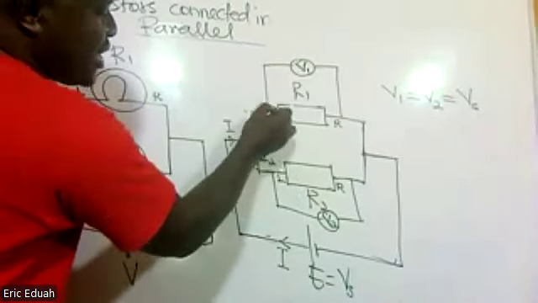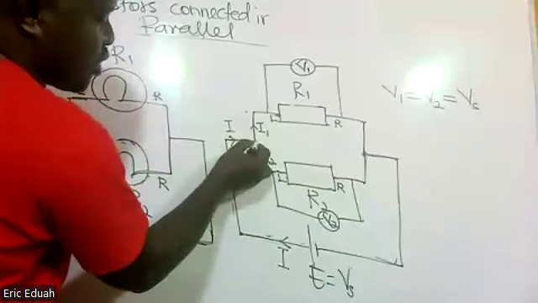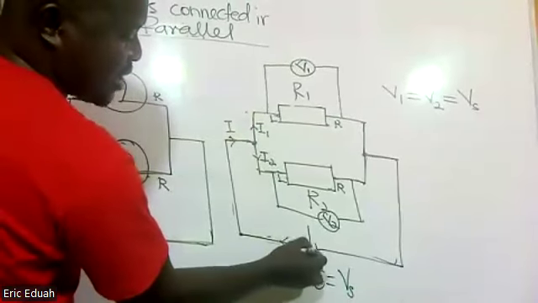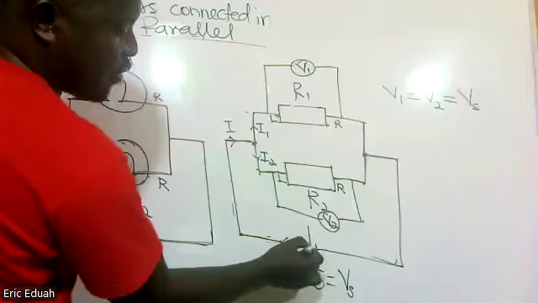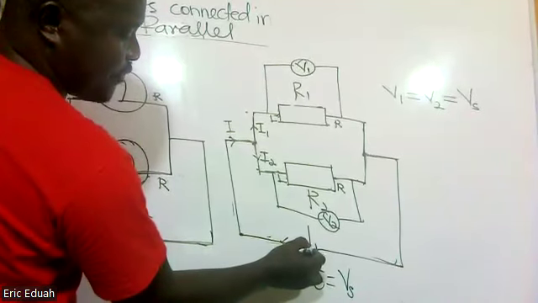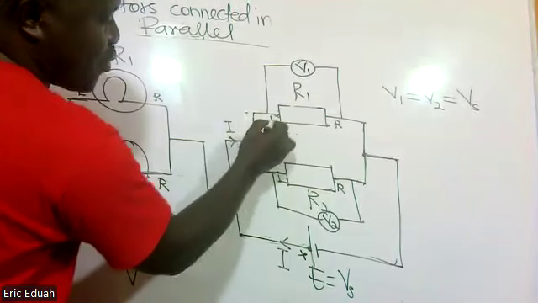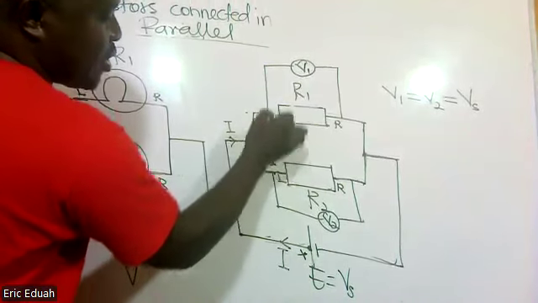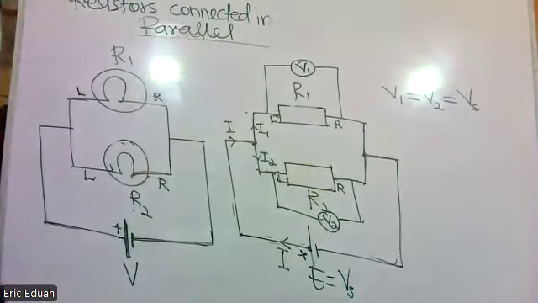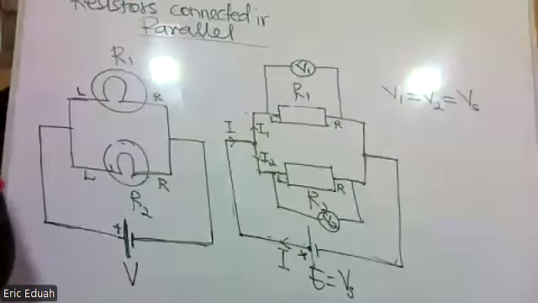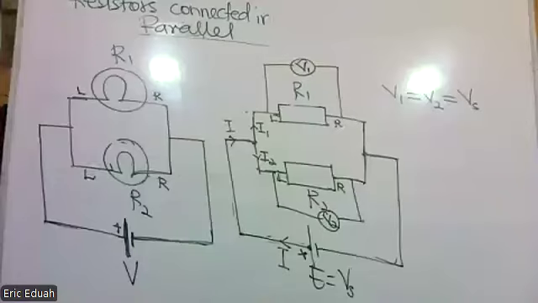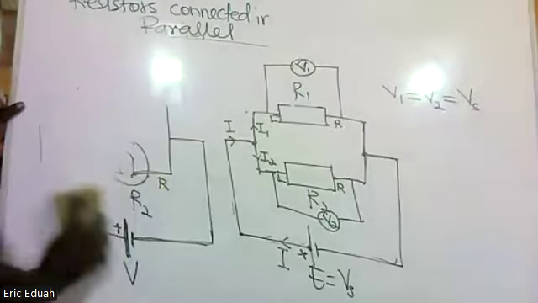And then the joined lefts were connected to one side of the EMF. So whatever this side has is what all this combined side would also have. Let me redraw it again and then explain it once more to you.